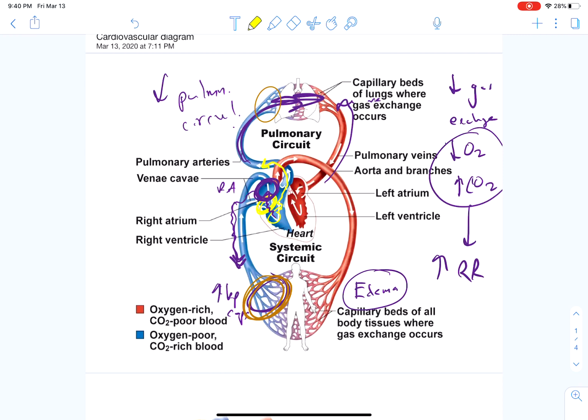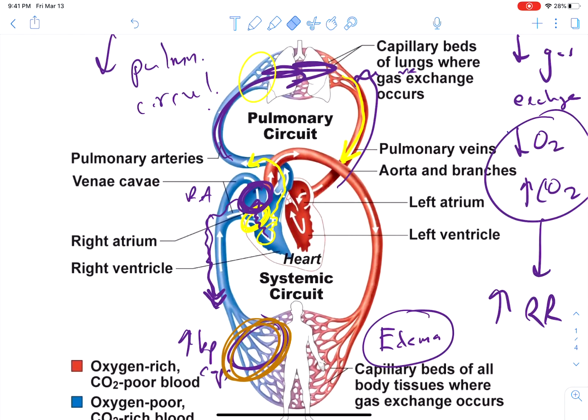If you have a decrease in pulmonary circulation, then you're going to have a decrease of blood going back to the left side. So you're going to decrease blood here, which means you're going to decrease cardiac output there. Okay, so cardiac output's going to go down.